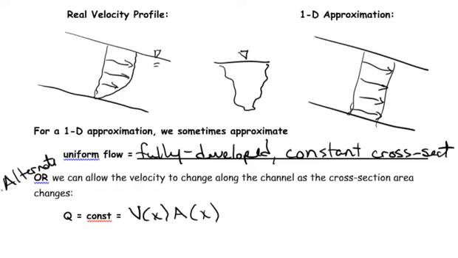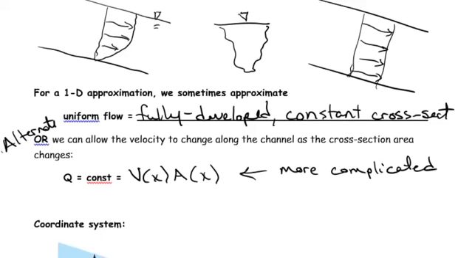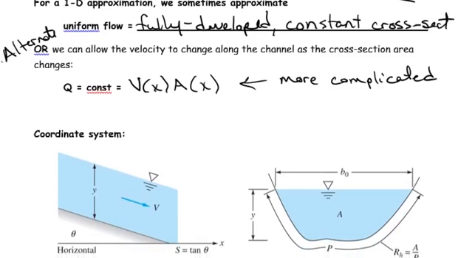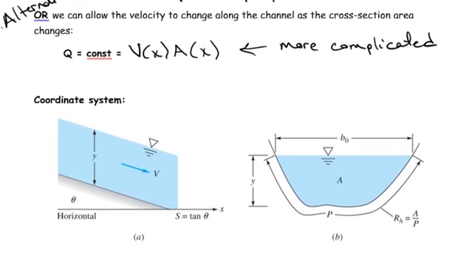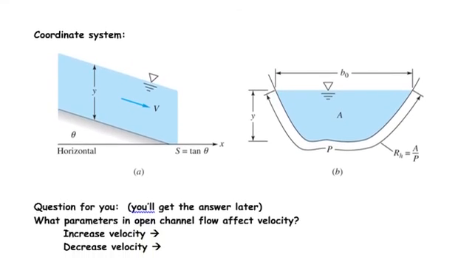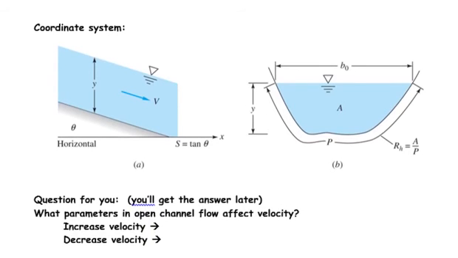So we're not going to do that. This is too complicated for this class. Instead, what we're going to do is stick with uniform flow, and with uniform flow we can do these Chezy-Manning approximations.